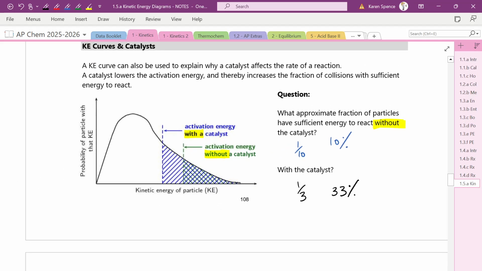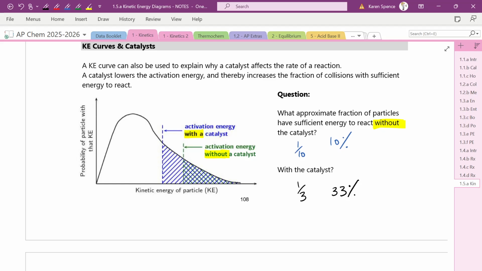So given a curve, you should be able to show what happens if it's at a lower temperature, what happens if it's at a higher temperature. If you're given an activation energy, you should be able to say, if that is the uncatalyzed, where would you put a catalyzed activation energy?